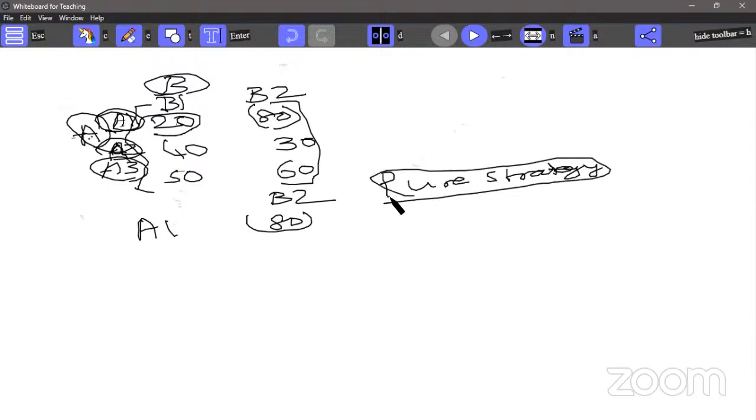Sometimes you don't have only a pure strategy. Suppose both companies A and B have approached me. I can tell A, sometimes you use A1 and sometimes A3. In some market conditions you can use A1, in some market conditions you can use A3. I can give them that solution. In that case, it becomes a mixed strategy.